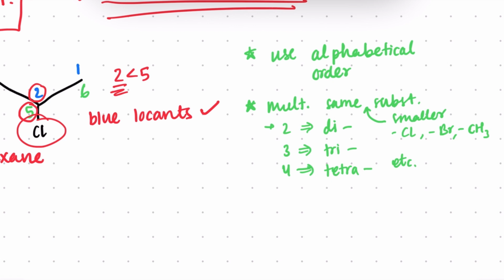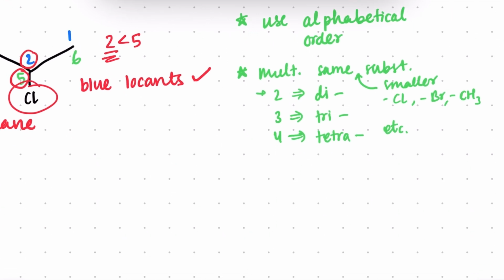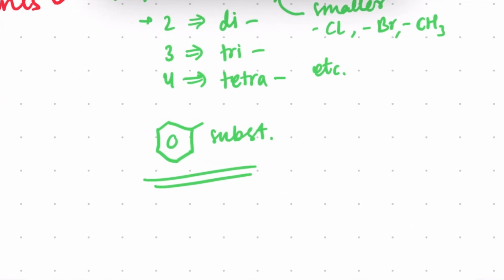Now, if we're having a big substituent, for example, you could have phenyl rings attached. This could be a substituent. Now, these are big substituents. For this terminology, we would use something else.